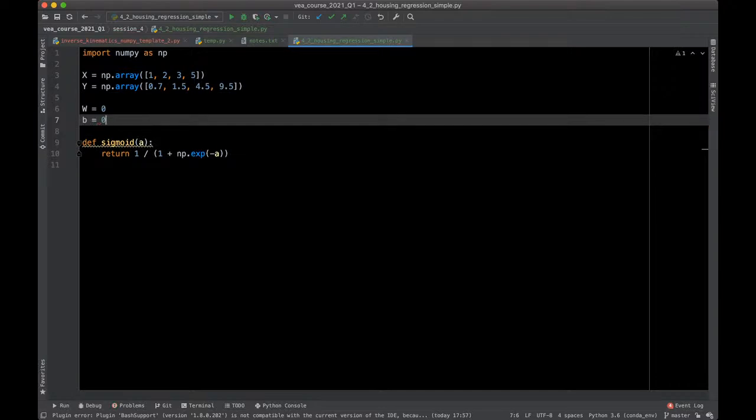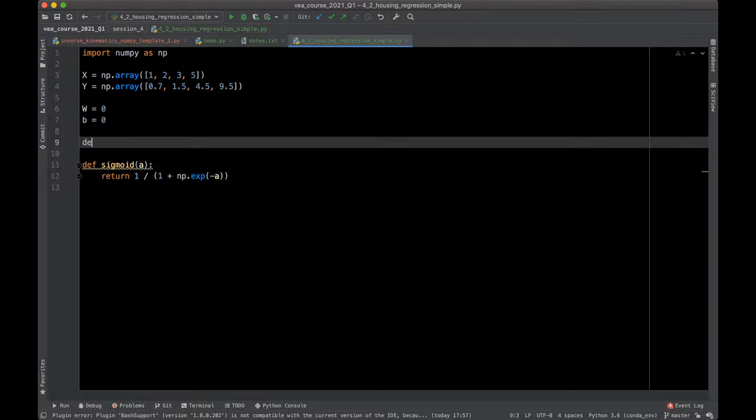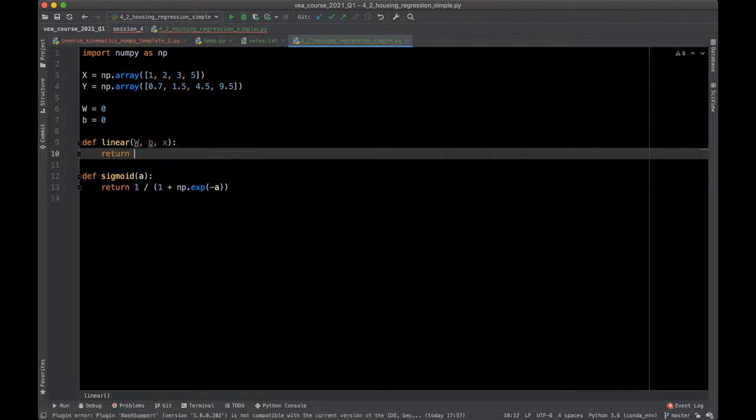We have sigmoid already. Then we need the linear function, def linear. The linear function will contain as an input the weight, bias, and x. So the linear function is something that we will return. So let me think about it a little bit.